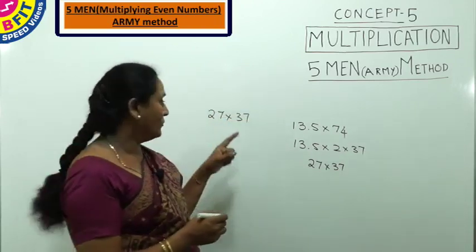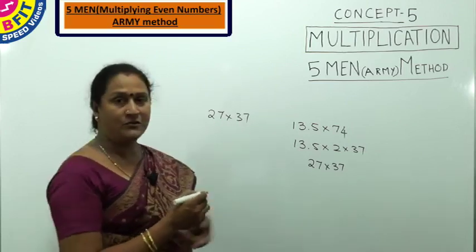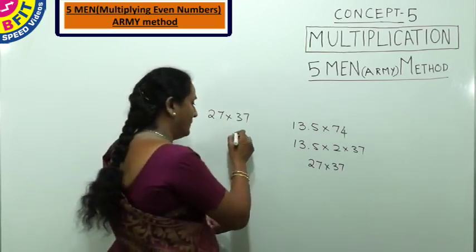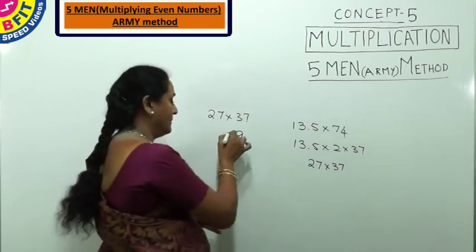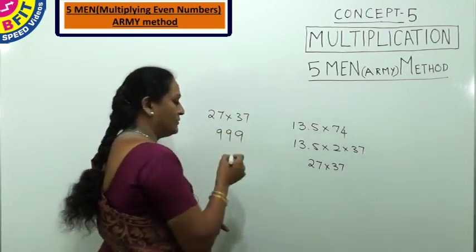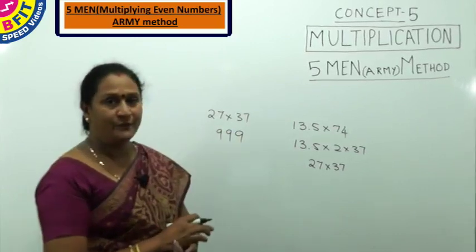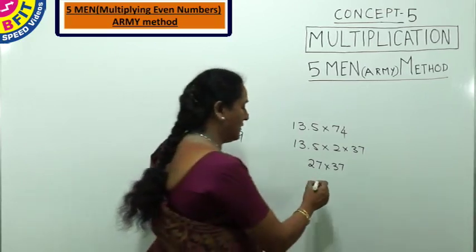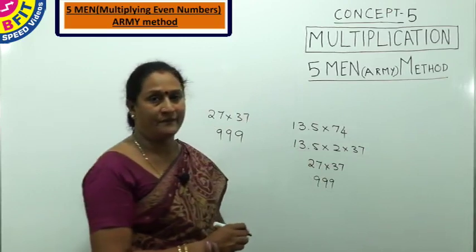What is the unit place when you multiply 27 and 37? 7 into 7 is 49, the unit place is 9, and the answer will be three 9s, 9 repeated 3 times. So 27 into 37, the product is 999.